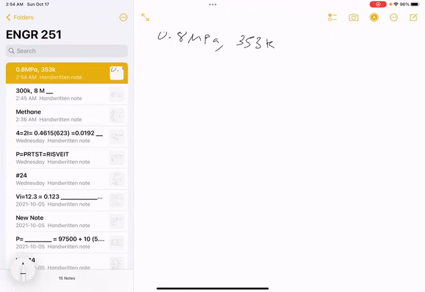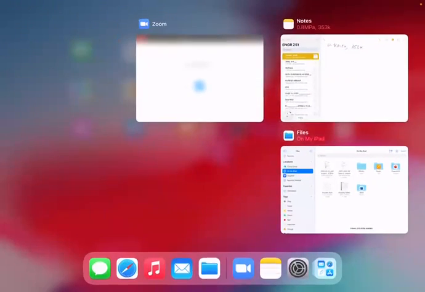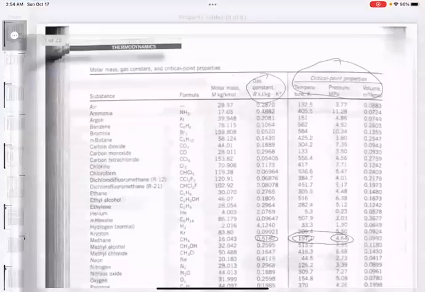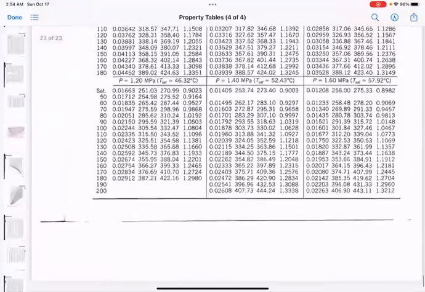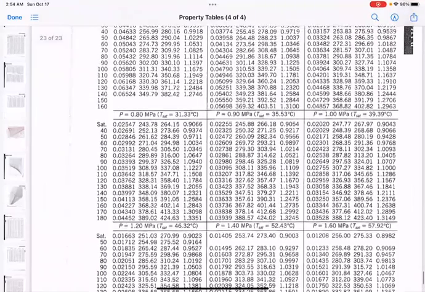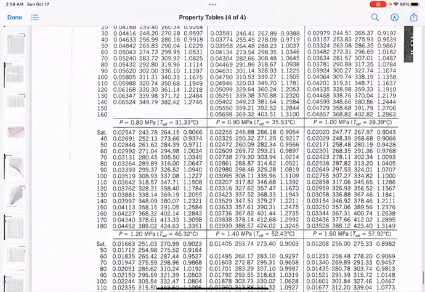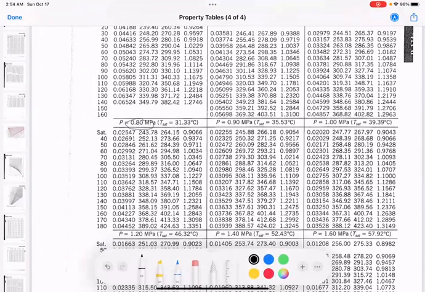Okay, now from thermodynamic property tables, it's pretty simple. We're just reading it off. So all we have to do is go to the tables. And I'm going to just start by guessing it's in the superheated vapor tables. So 0.8 megapascals here, okay. 80 degrees Celsius, okay.